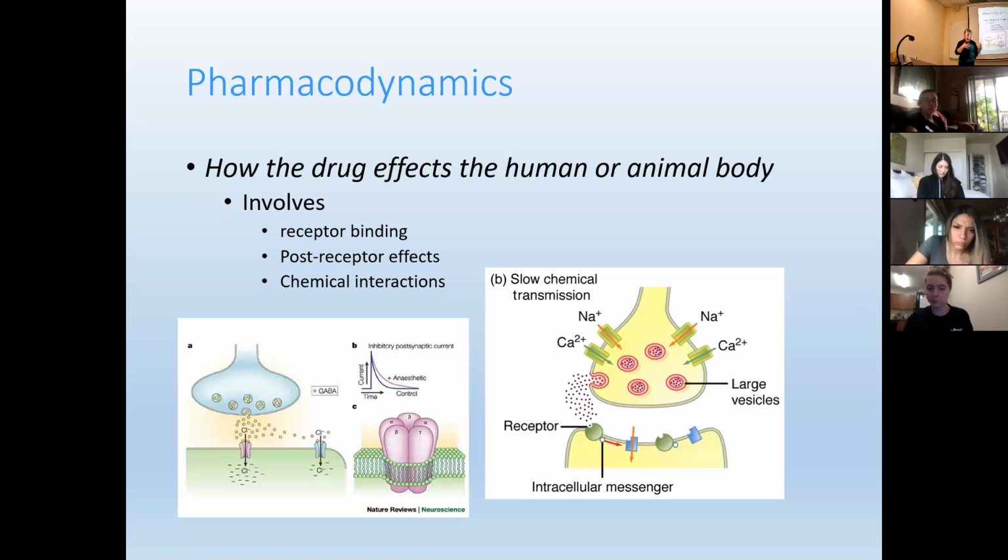And we have medications that do different things. And then chemical interactions with the broader environment or the internal environment. So I just have some pictures here that show you some of the types of interactions that can be the drug on the body.